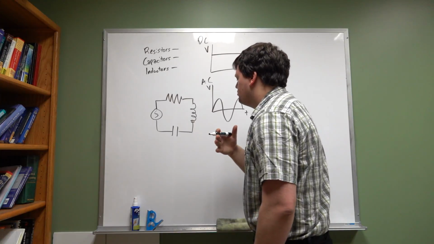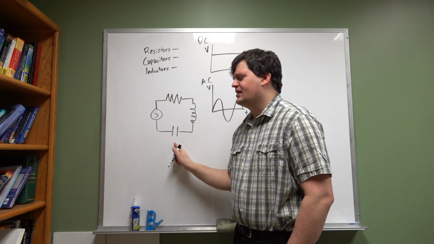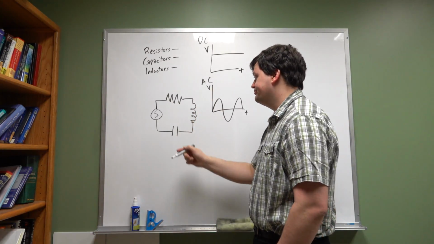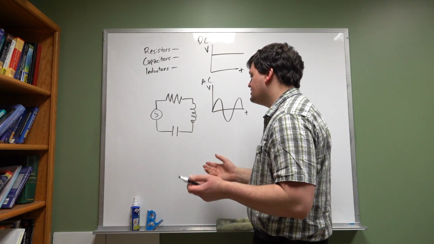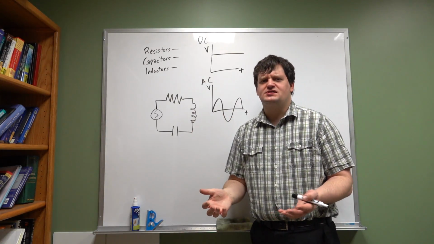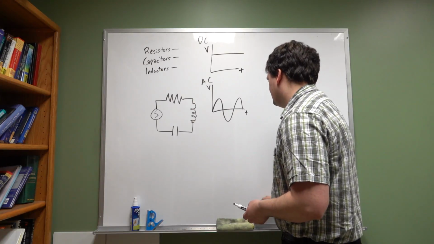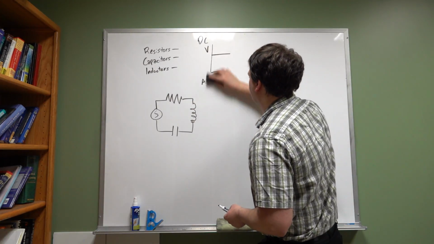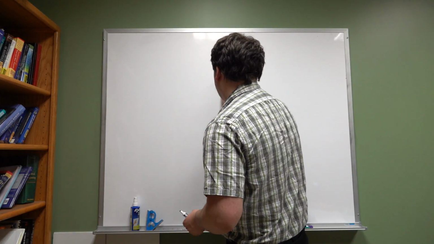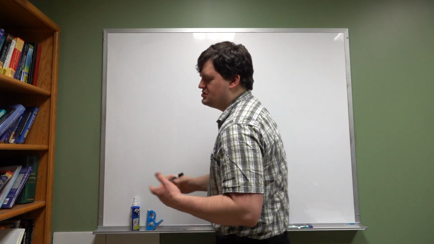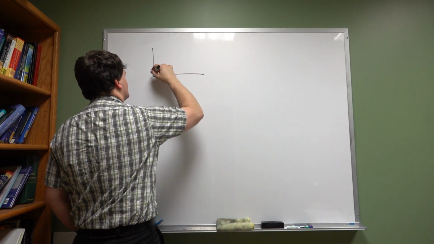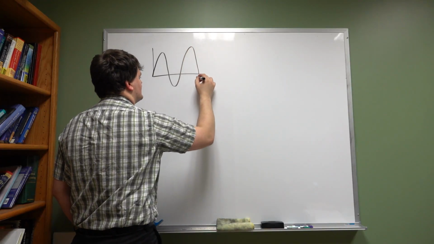So before we really get started on how we can analyze this circuit with a sinusoidally oscillating power supply, why don't we discuss a little bit about what a sinusoid is and what that means? To begin, we have a sine curve that looks something like this.